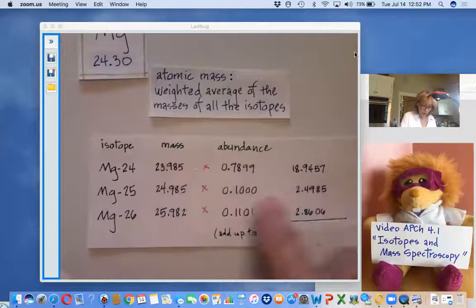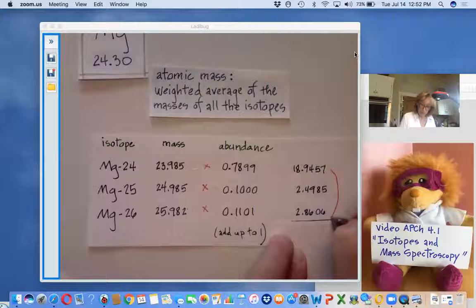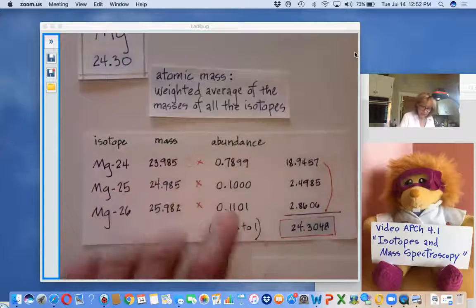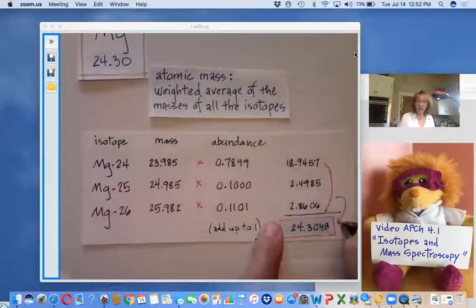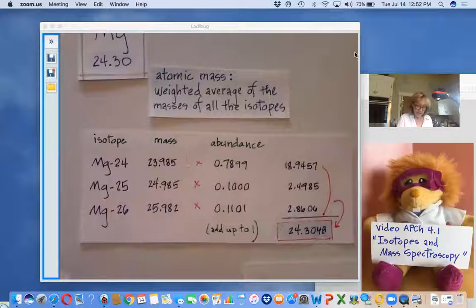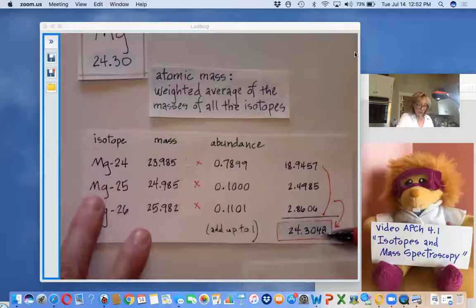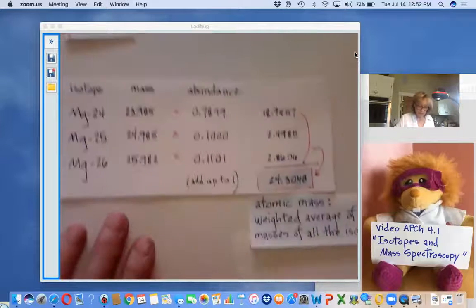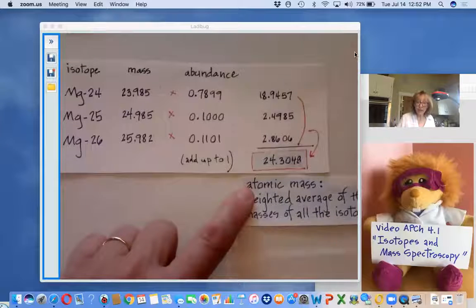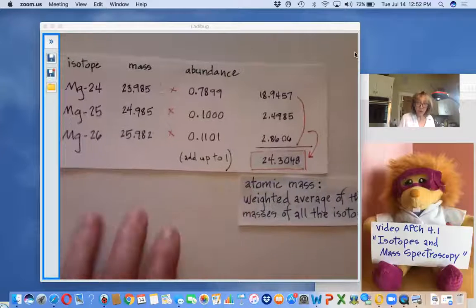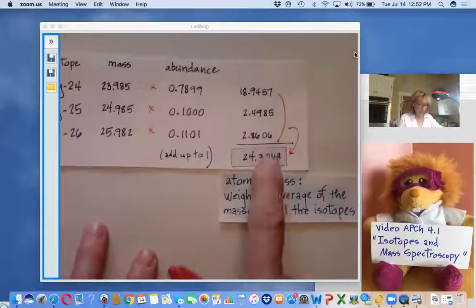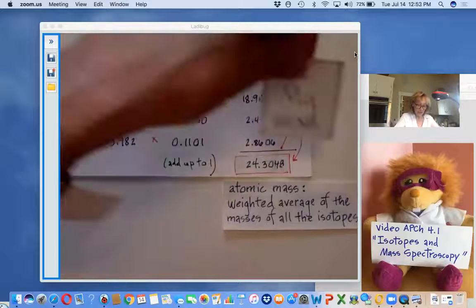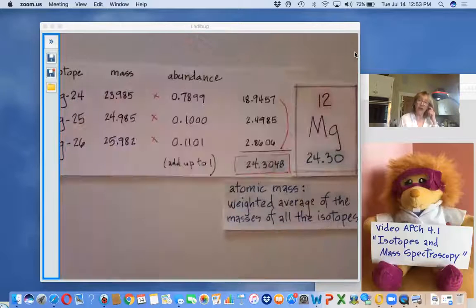We do that all the way through, and then we're going to take these three numbers and simply add them together. And that gives us the weighted average, known as atomic mass. The weighted average of the masses of all of the isotopes, and that is the number that you would find on the periodic table.